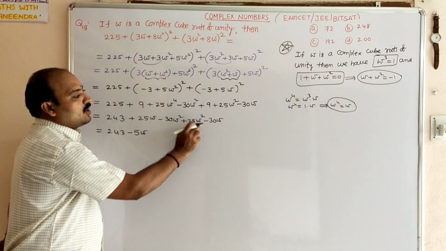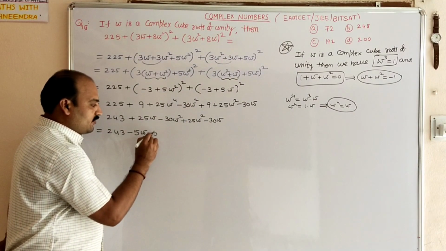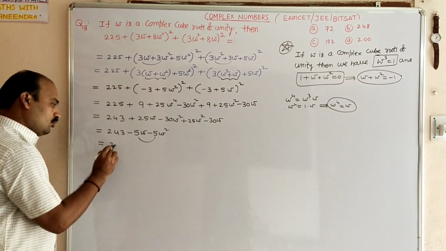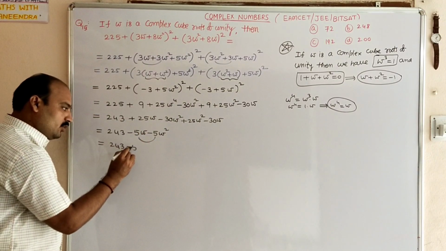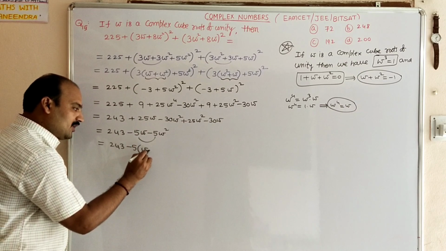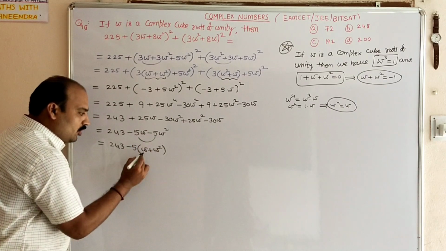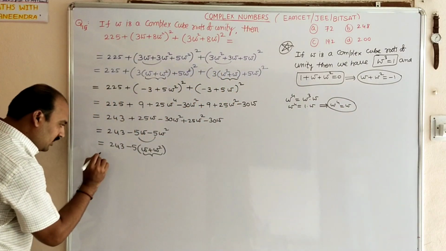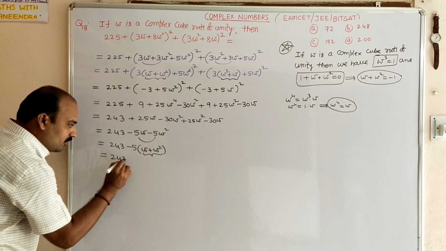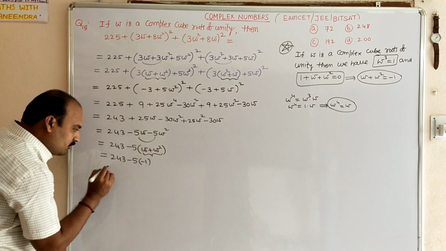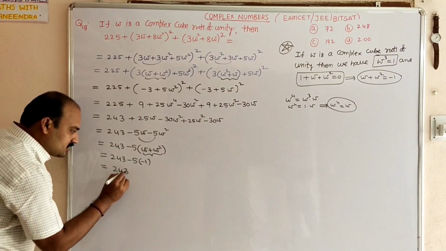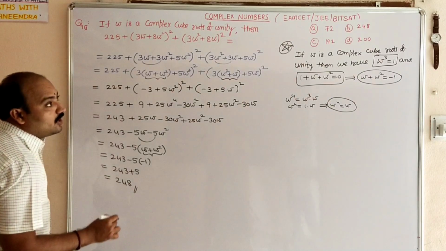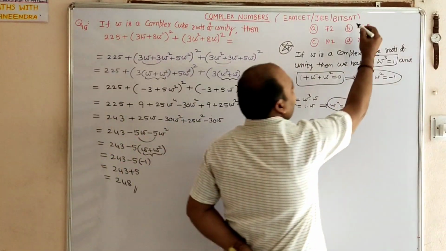Minus 30 omega square plus 25 omega square is minus 5 omega square. Taking minus 5 common: 243 minus 5 into omega plus omega square. We know that omega plus omega square value is equal to minus 1. So it will become 243 minus 5 into minus 1, which is equal to 243 plus 5, which is equal to 248, which is there in the second option.